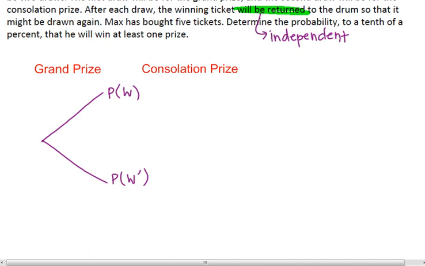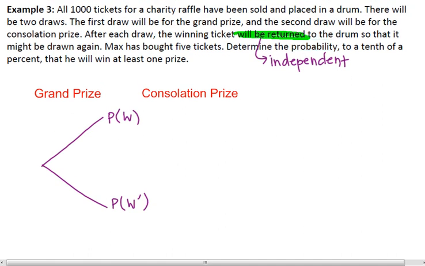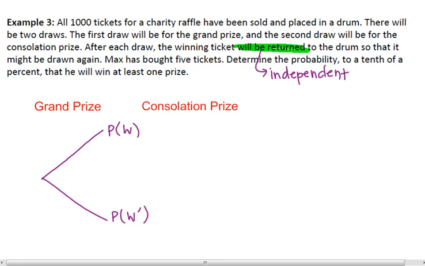So what are his chances of winning the grand prize? 5 out of 1,000. What can that reduce to? 0.005, which is also, as a fraction, 1 over 200. I'm wrong. So 5 out of 1,000, right? He bought 5 tickets.